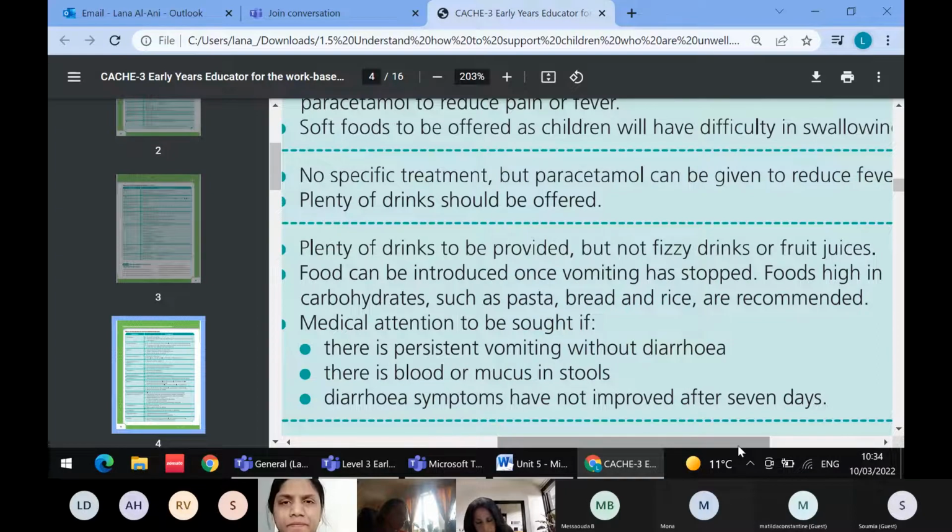If there is blood. As well as that, if there is vomiting without diarrhea, then there is something wrong. He's just vomiting non-stop. Maybe there is something else, so we have to call the ambulance.